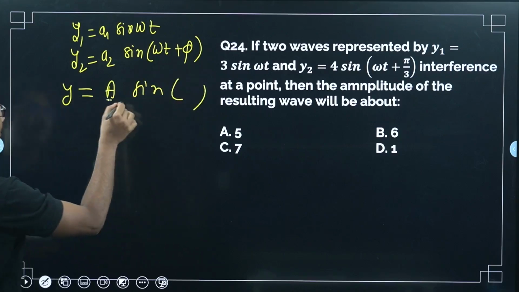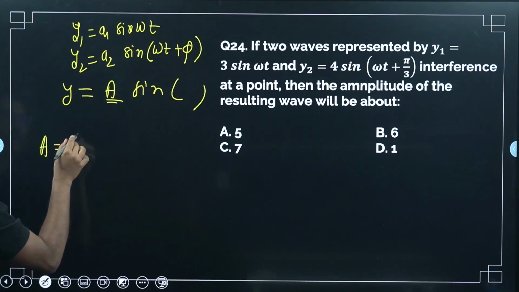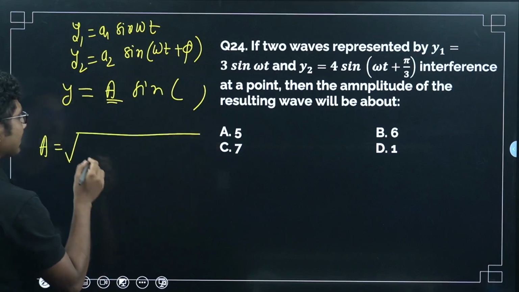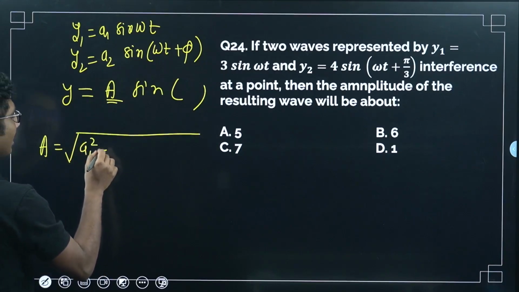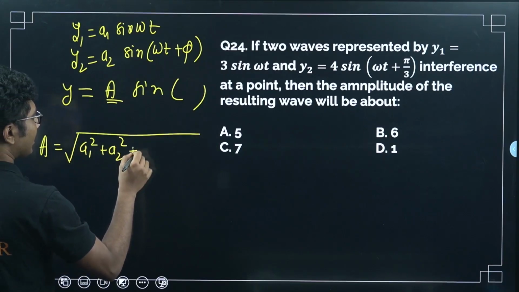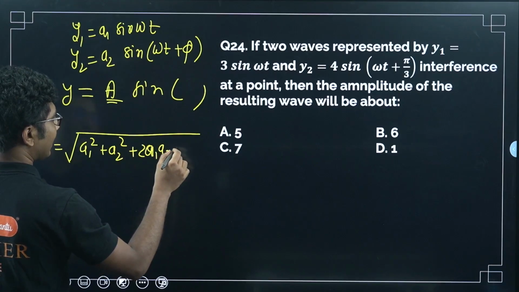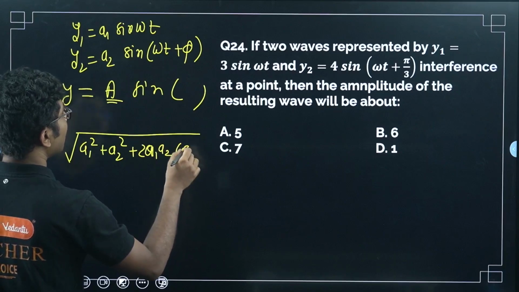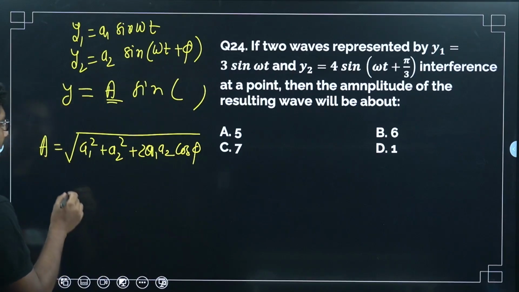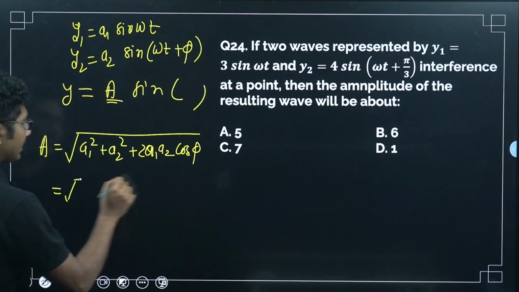Then that amplitude is given by A is equal to the square root of the vector addition. Remember vector addition: a1 square plus a2 square plus 2 a1 a2 cos phi. So what is a1 here?